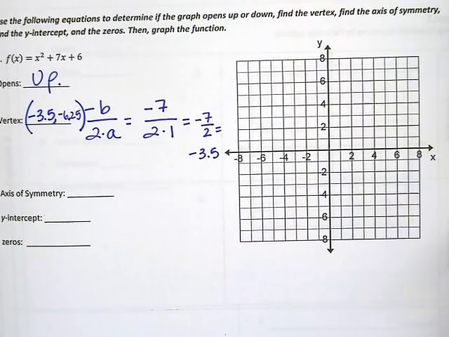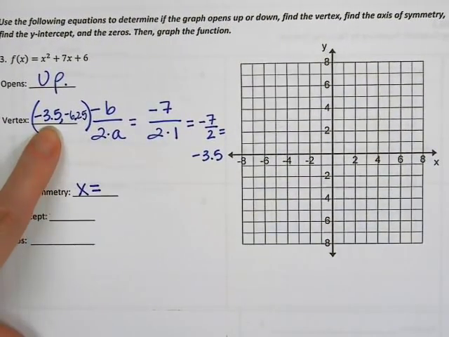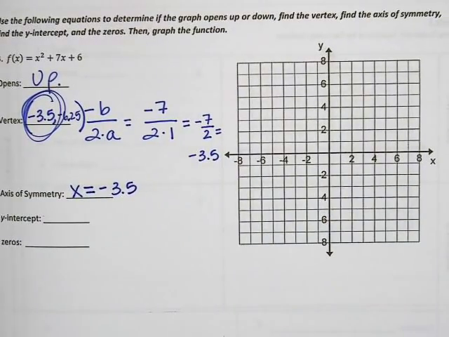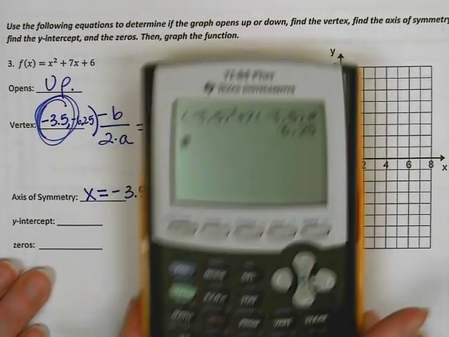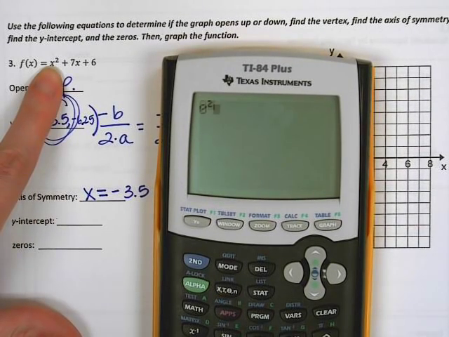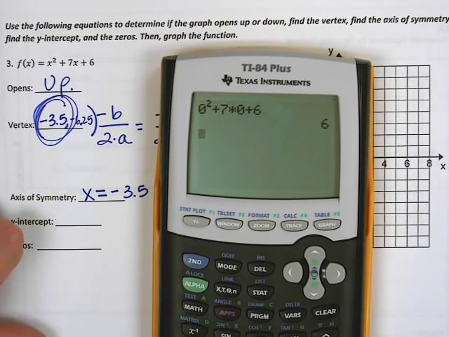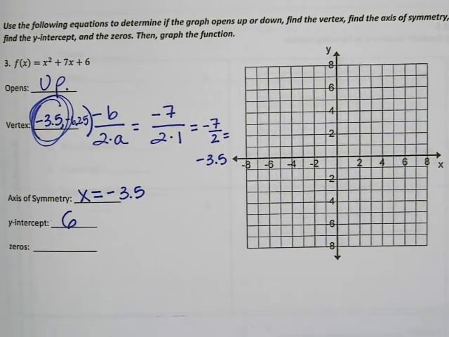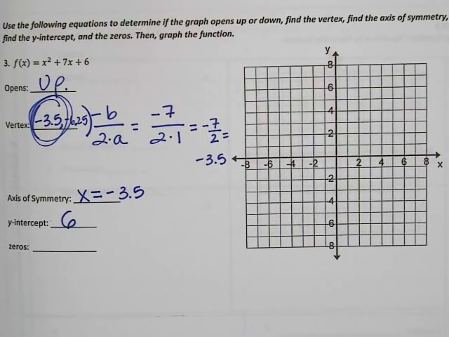That's the vertex. It's not always nice. The line of symmetry is always x equals whatever the h was. So negative 3.5. The y-intercept, remember you plug in 0 for x. So 0 squared plus 7 times 0 plus 6, or if you know the shortcut, it's just c. Okay, so 6. And then now find the zeros, which are the x-intercepts, which are the solutions.